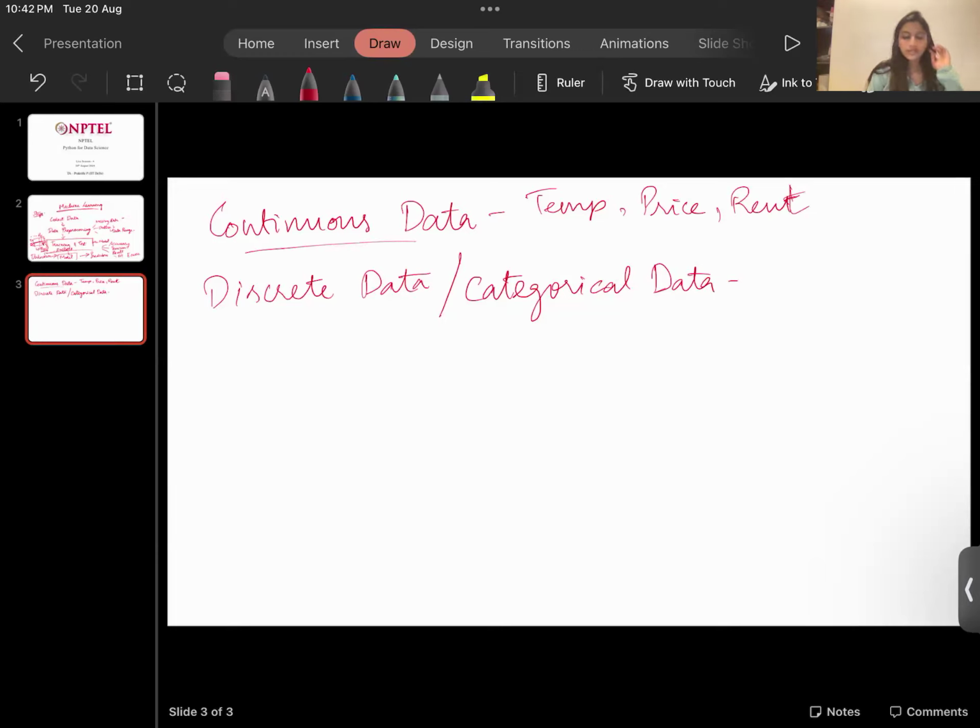And what could also be predicted is categories. Good examples would be: does the price fall above a particular value or below? These are two categories, right?